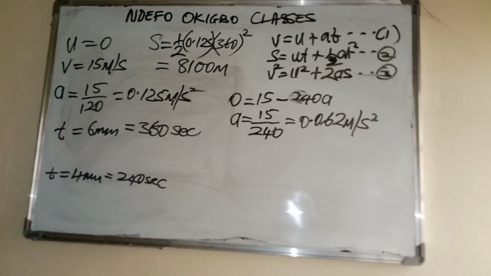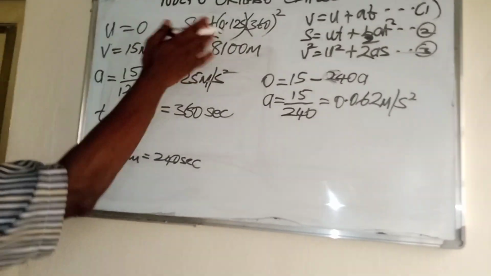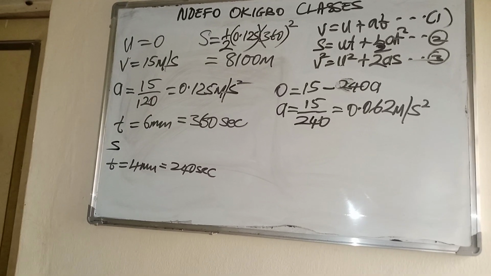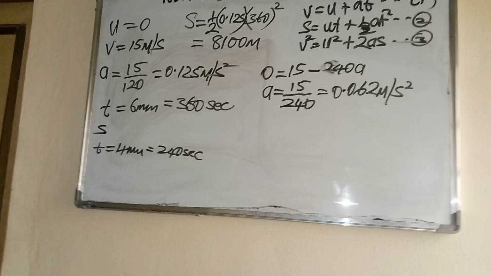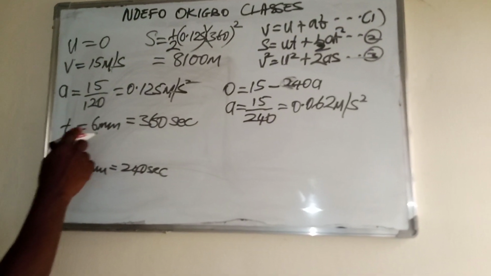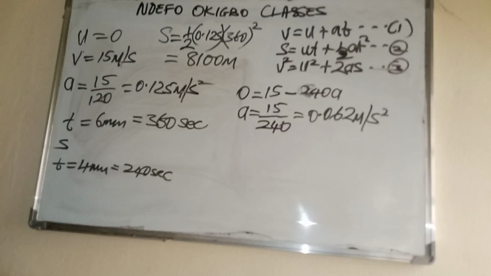To now get the distance traveled in 4 minutes, we can still use the second equation, in which the initial velocity was 15 and the time was 240.